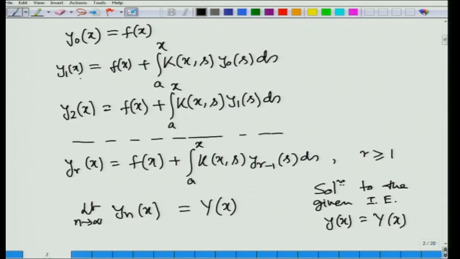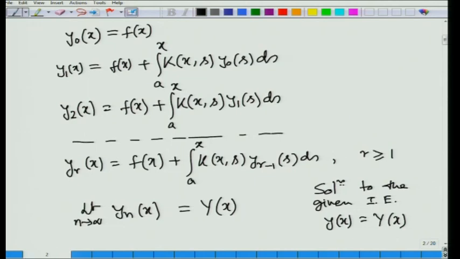Using the expression for y1(x), we can calculate y2(x) and so on, and the general recursive formula is y_r(x) equal to f(x) plus the integral from a to x of K(x,s) y_{r-1}(s) ds, where r is greater than or equal to 1. If the limit as n tends to infinity of y_n(x) converges to y(x), then y(x) is the solution to the given integral equation.